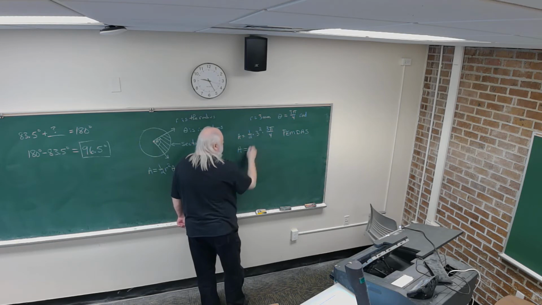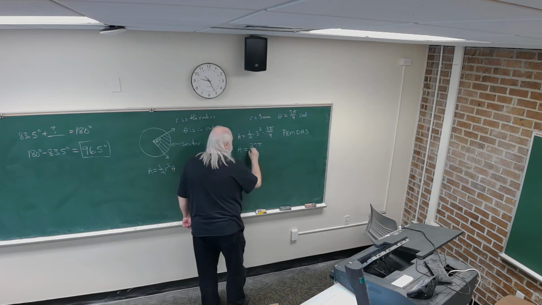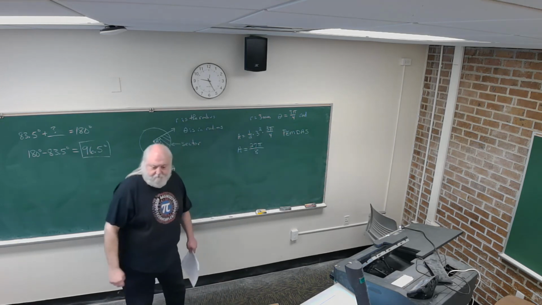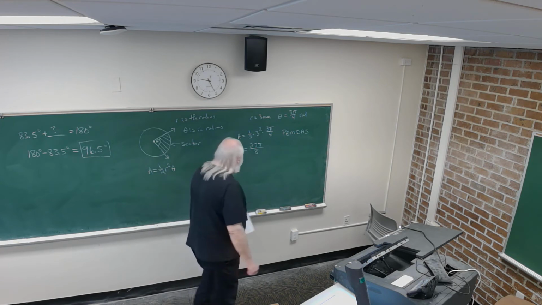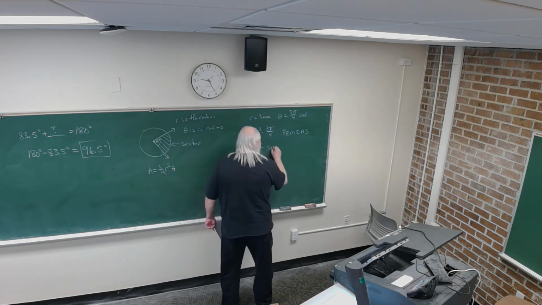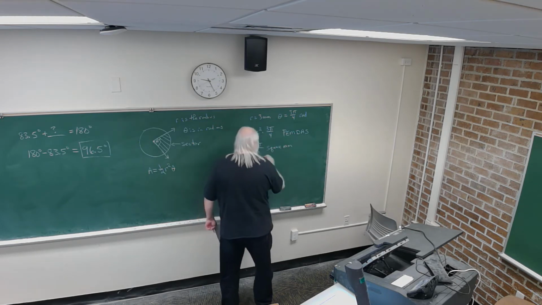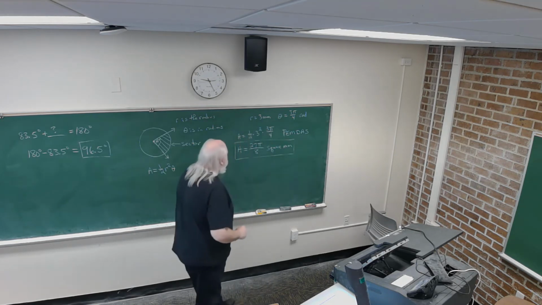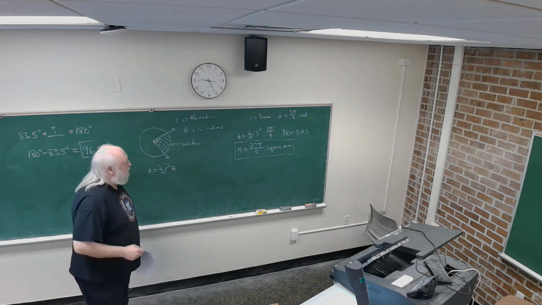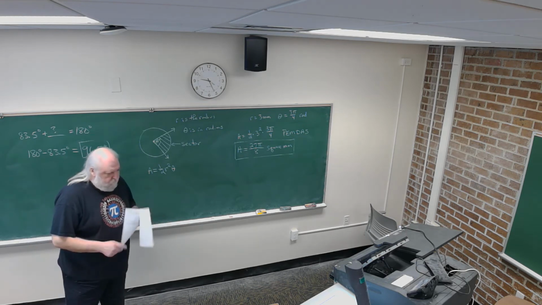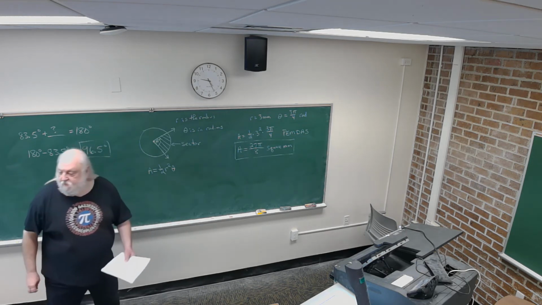So 3 squared is 9. 9 times 3 is 27. So we have 27 pi over 2 times 4, which is 8. And I don't think that reduces. You've got to have units. And so the area of the sector is 27 pi over 8 square millimeters. Any questions on that, ladies and gentlemen?